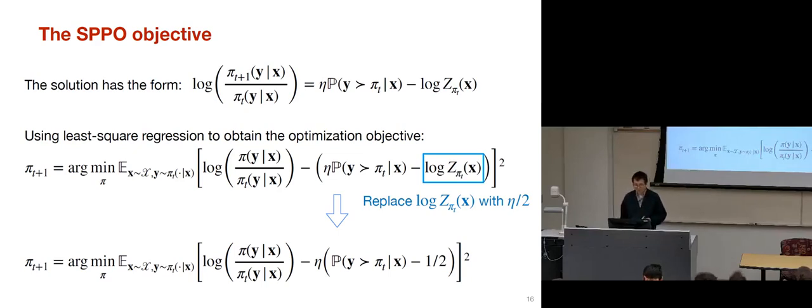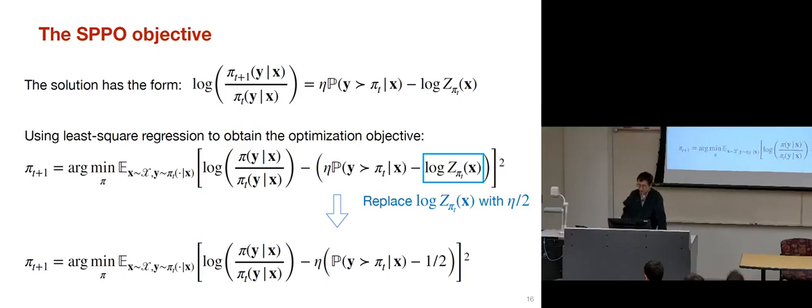And in order to come up with an algorithm to find such a solution pi t plus 1, we propose to use least squares regression to solve it. We just subtract the right-hand side from the left-hand side and then take the square. Because if this equation holds, then this subtraction will equal 0. So we want to minimize their difference such that it is as small as possible. And this gives the second equation in this slide.